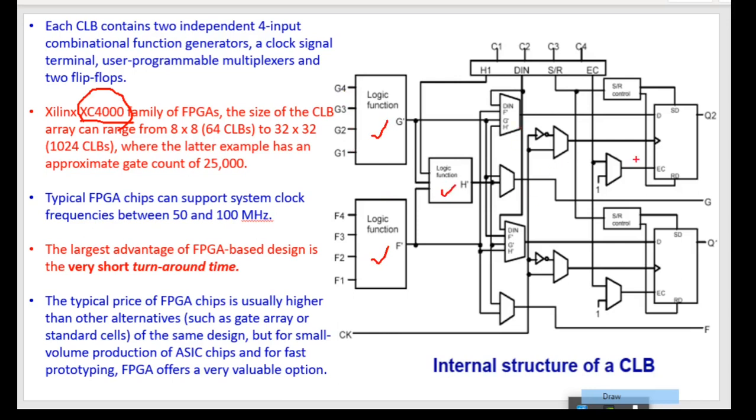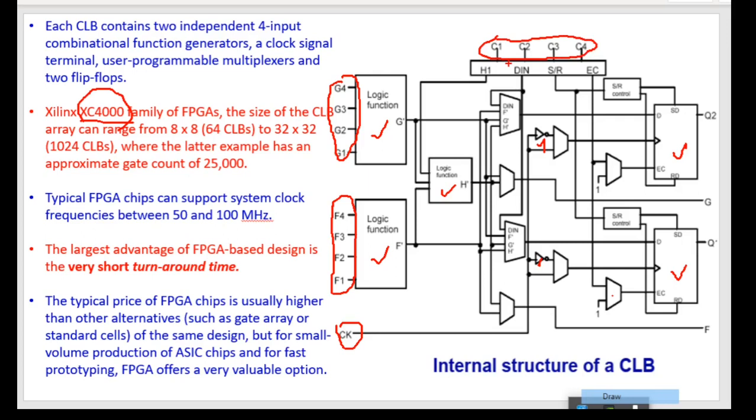Then these are flip-flops, 2 flip-flops. Then there are some multiplexers, then some inverters, and these are the inputs that will be fed into the CLB. And then there is provision for one clock signal also. And these are the control signals which are used for controlling various blocks within the CLB.